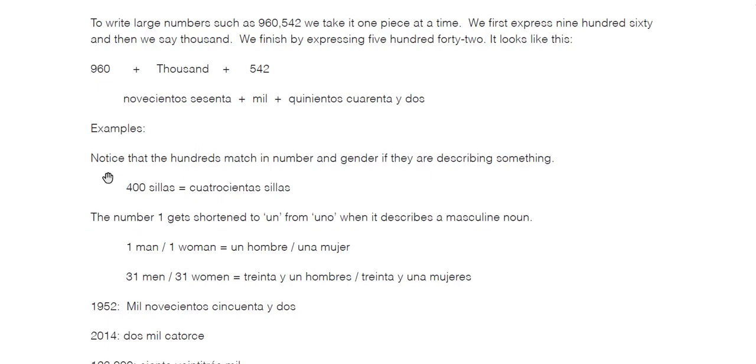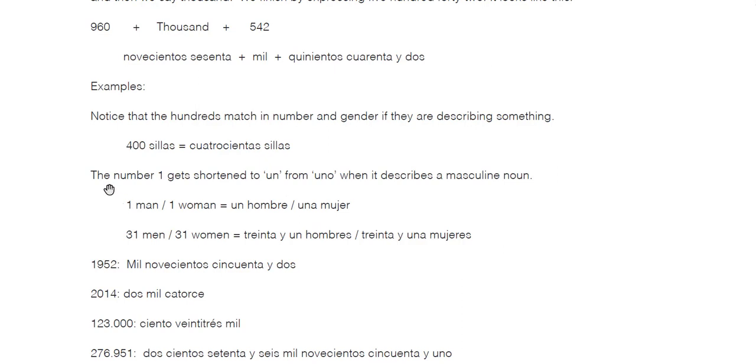So some other examples. Notice that the hundreds match in number and gender, right? We already mentioned that. So 400 sillas, all right? The number one gets shortened to un from uno when it describes a masculine noun, right? That was mentioned way back in our first chapter, right? So un hombre, okay?